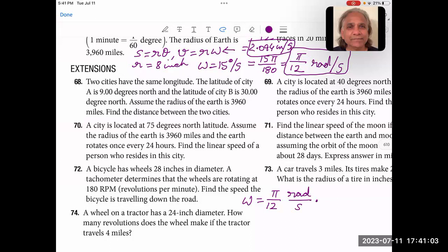For the first conversion factor, I want to get rid of the radians and replace it by revolutions. So that radians needs to be in the denominator because this one is the numerator. And if this is in the denominator, we can cancel them. And then I want to replace it with revolutions so that revolutions will be upstairs. Now the relationship between revolution and radian is that one revolution corresponds to 2 pi radians.